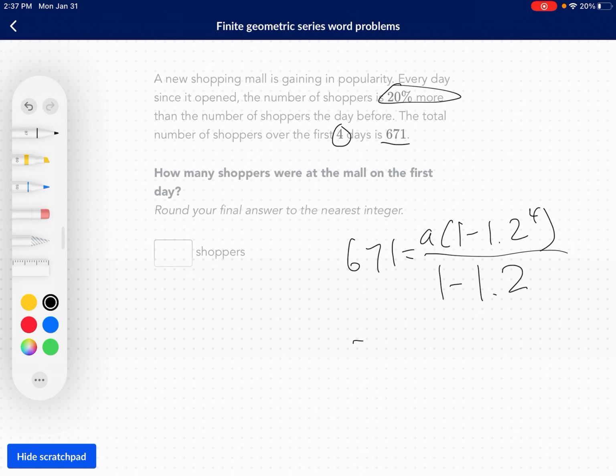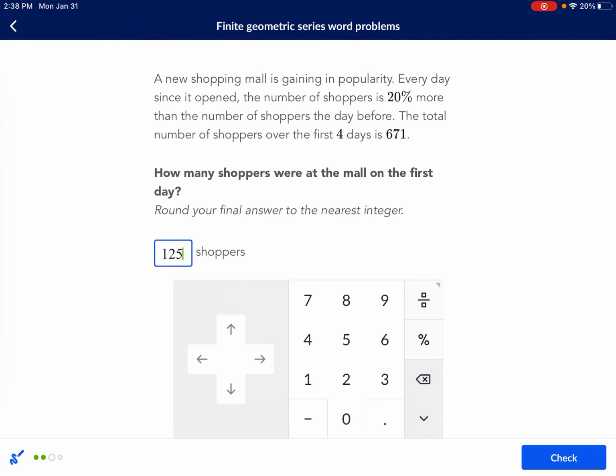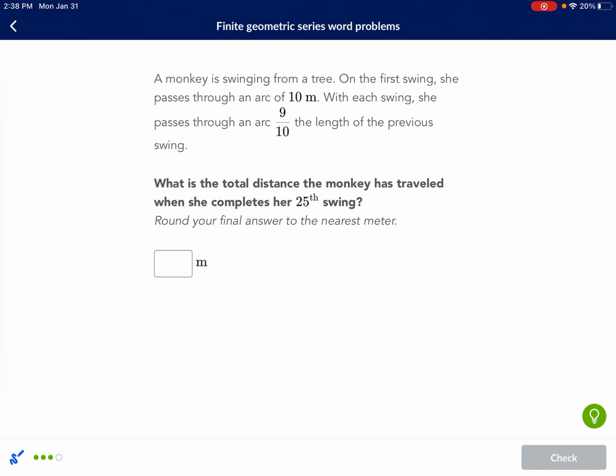And you get negative 134.2 equals A times 1 minus 1.2 to the fourth. Divide by 1 minus 1.2 to the fourth on both sides to isolate A. So 1 minus 1.2 to the fourth. Yeah, A equals 125.